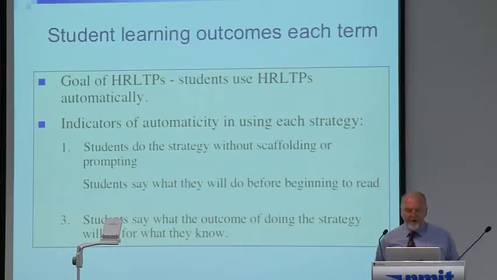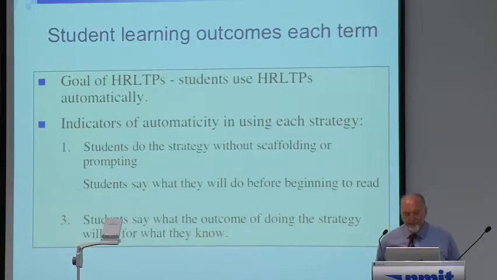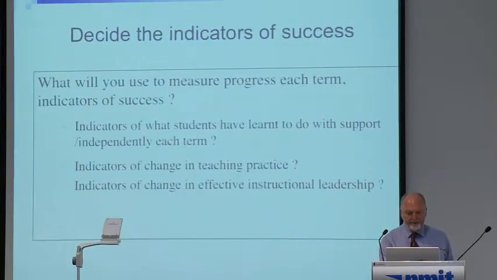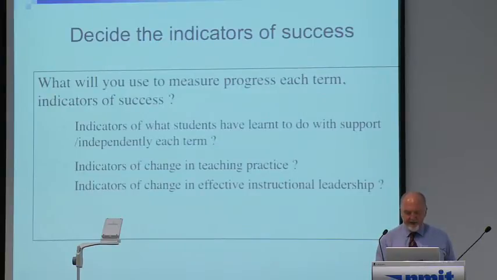So we need to have goals for what the students are going to achieve each term automatically, what they're going to be able to be scaffolded to do, and what things they'll be able to talk about. We need to also make decisions about the indicators that you're going to use for measuring success. And we've already talked about what these indicators are, but they're going to influence the goal setting.